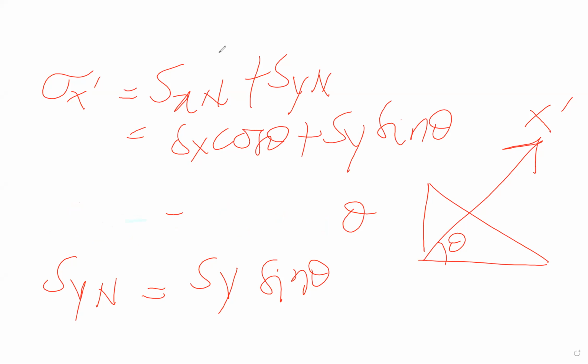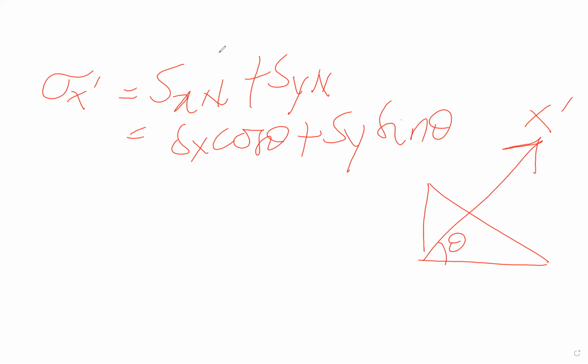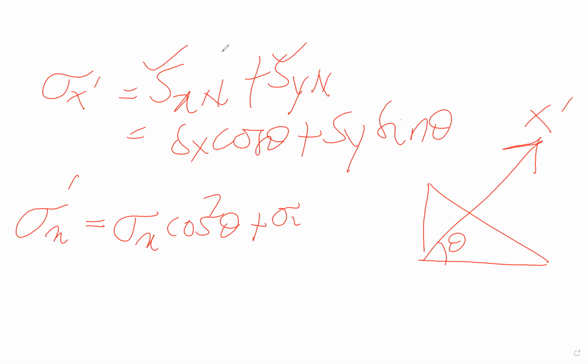If we put the values of Sx and Sy here, as we have calculated before, Sx and Sy independently from the equations, what we get is sigma x cos square theta plus sigma y sin square theta plus 2 tau xy sin theta cos theta.